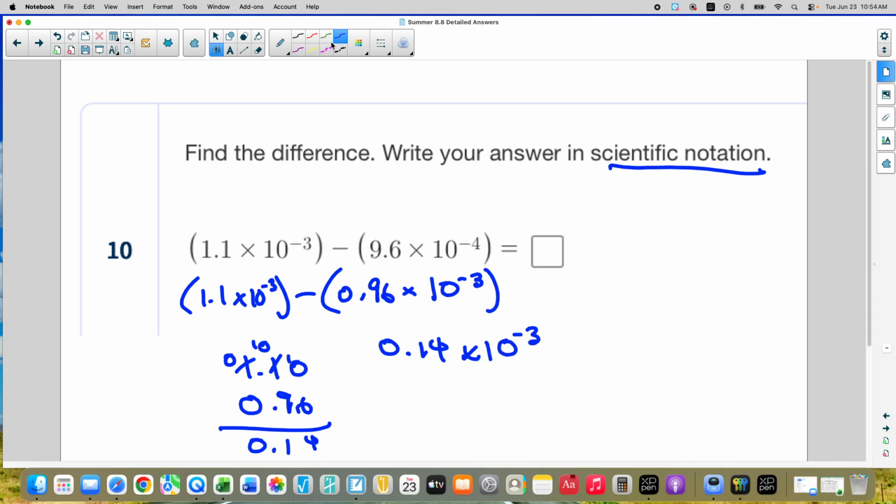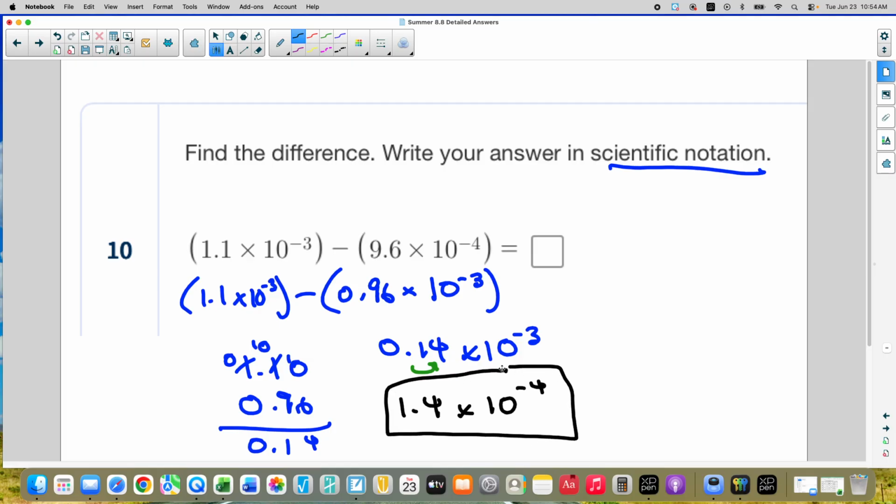And now I actually have to move it smaller. So we got 1.4 times 10 to the, what do I want to make? I made that number bigger, so this has to be smaller, so minus 4. So that should be our answer, 1.4 times 10 to the negative 4. Sorry about that.